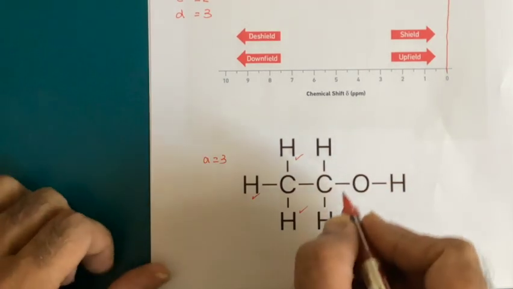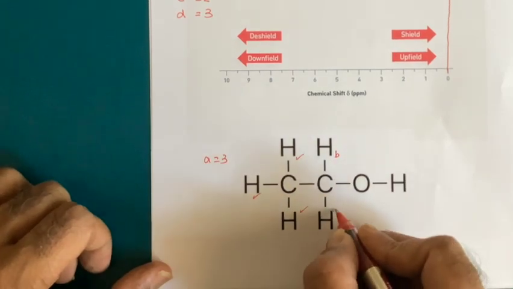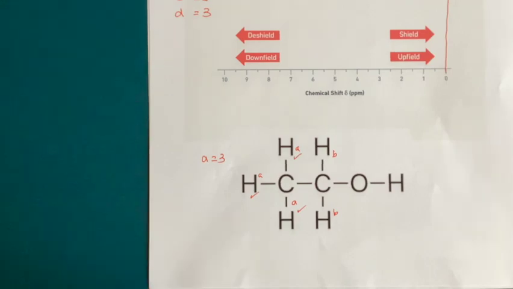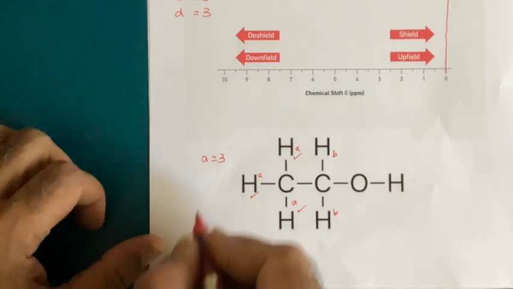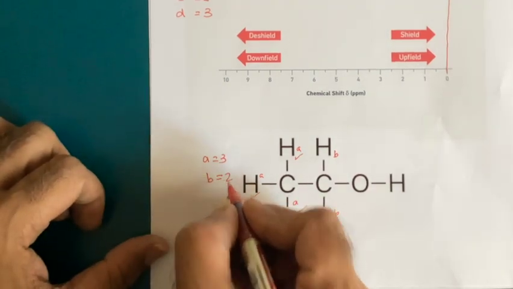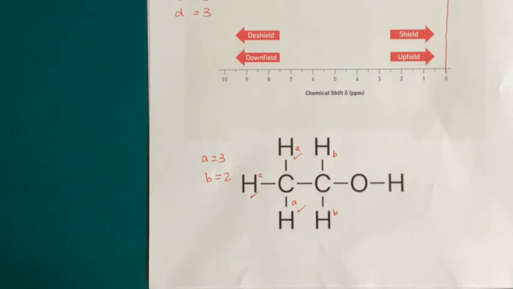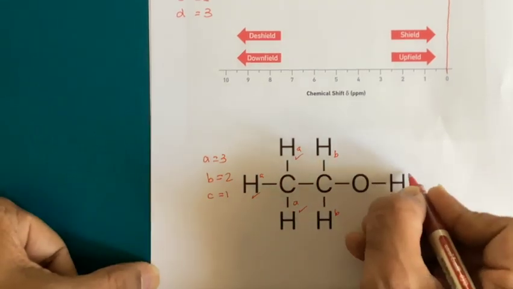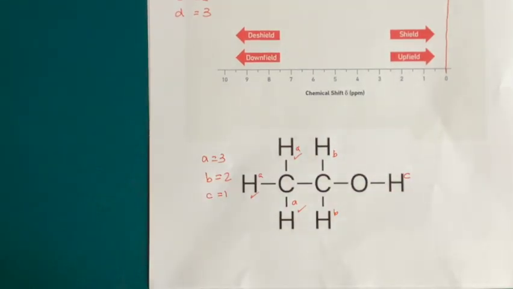Then you have environment B with 2 hydrogens. And very significantly here, with this hydrogen over here, you have one hydrogen in that chemical environment C.